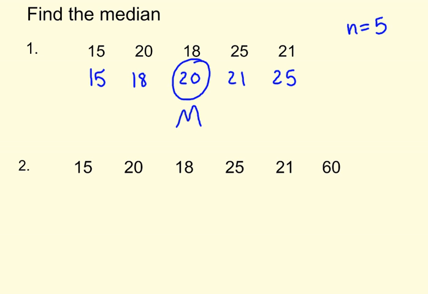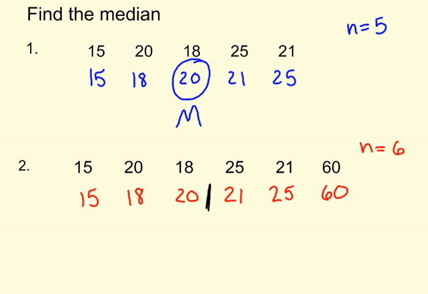In the second example, I have 6 data points, and again the numbers are not in order. So the first thing I will do is put them in numeric order. The middle will occur right between the third and fourth observation, right where I put this black line.